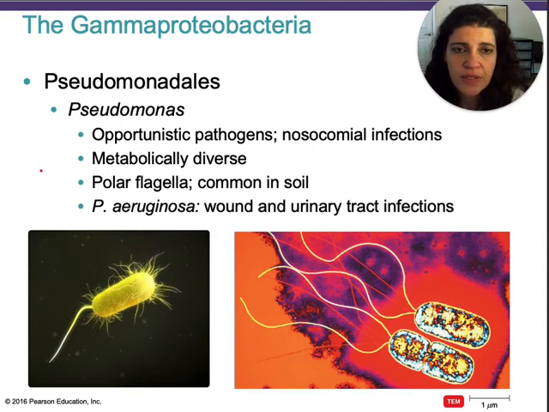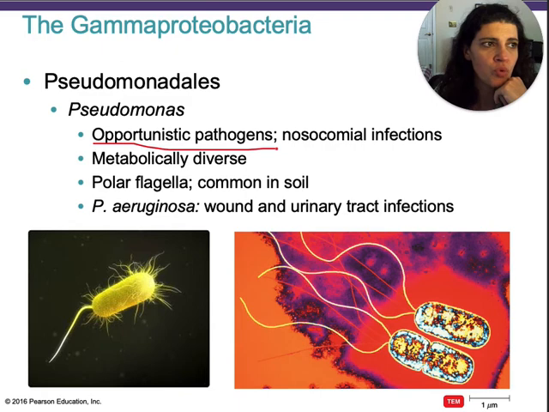Okay, still in the gamma proteobacteria, now we have the order Pseudomonadales. One of the main genera of this group is Pseudomonas. Pseudomonas is an aerobic bacteria that is an opportunistic pathogen. I think it's the first time we see this word here. So let's define what is an opportunistic pathogen.